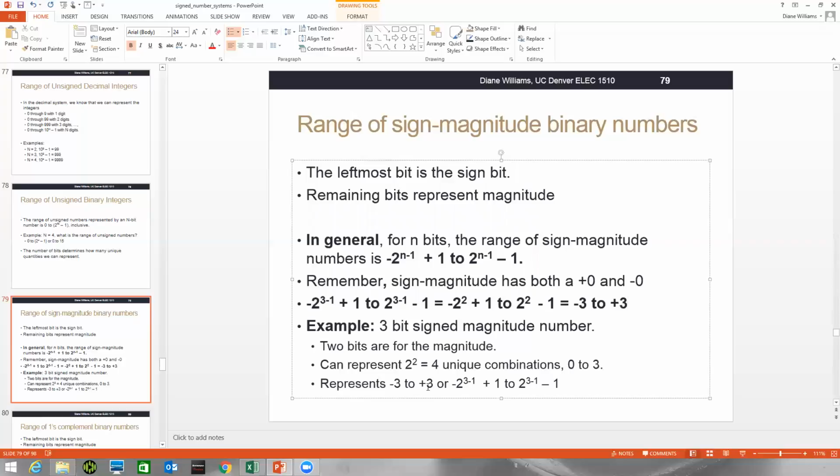So minus 3 to plus 3. And that was found by plugging that into this formula.